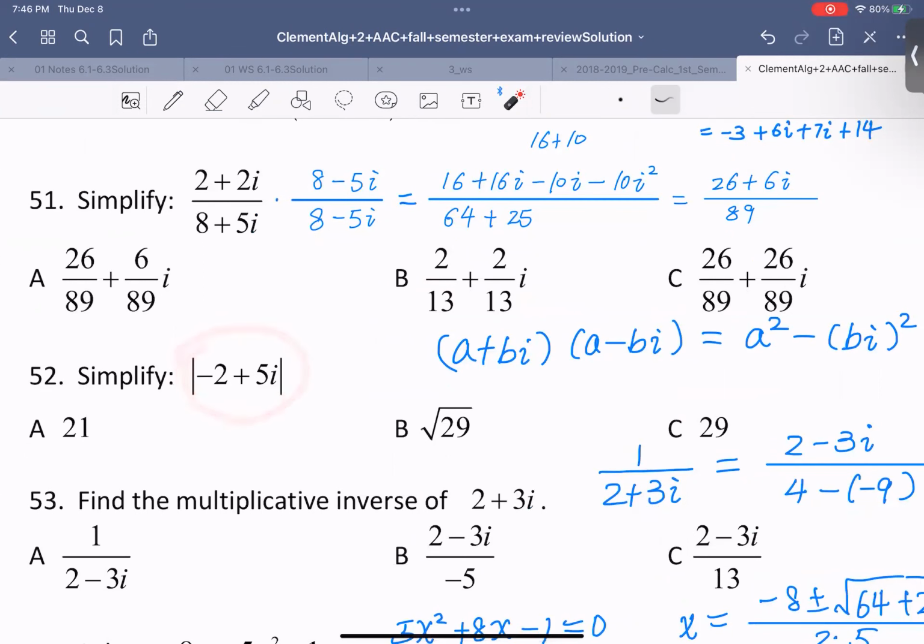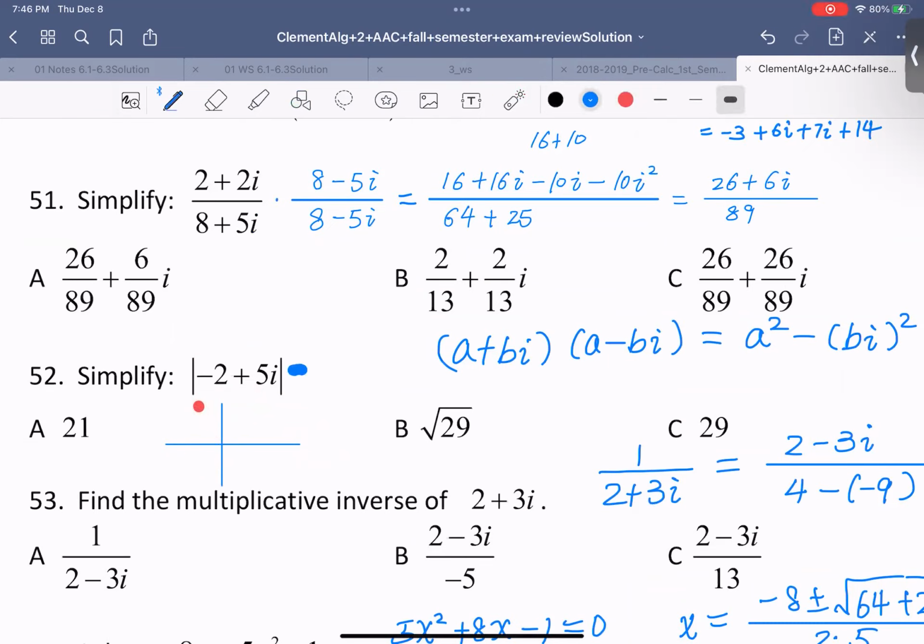Now this one. This guy is asking you for the absolute value. So look at here, Cindy. -2 is the x and 5 is the y. So it's here: -2, +5. This is x, the real number. This is the y, imaginary. They ask you the distance, so you are doing the square root.